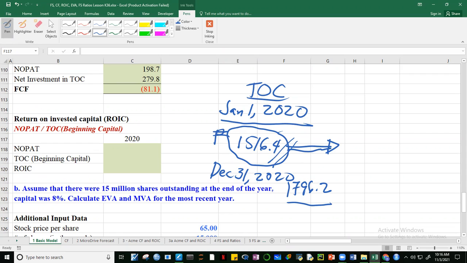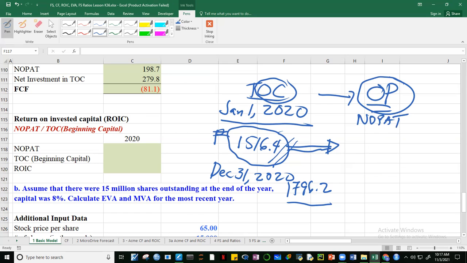Now, operating capital, and then we're going to use operating profit. Makes sense, guys: operating capital provided, how much operating profit was generated. That's why we're going to use NOPAT.